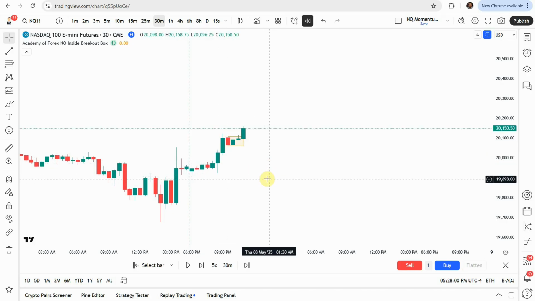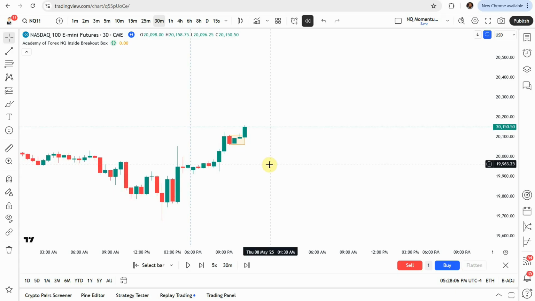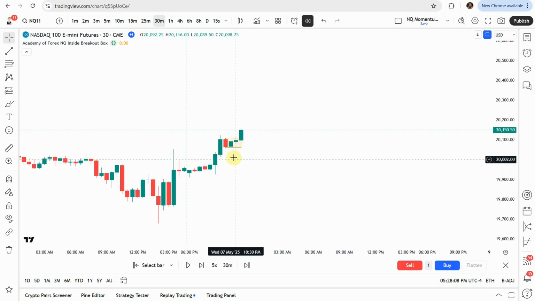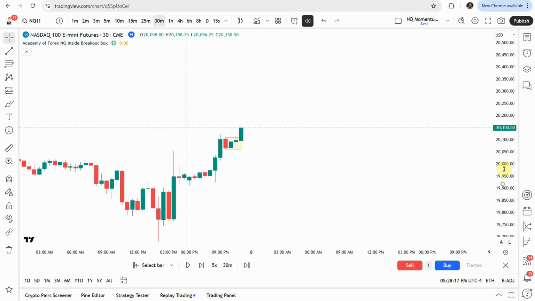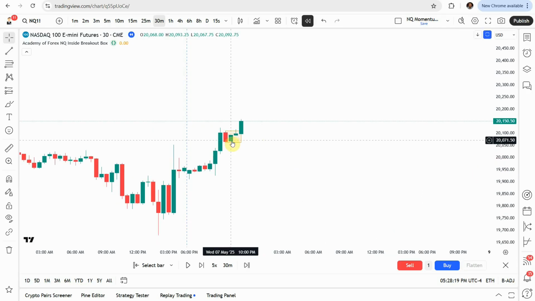You would set an alert and get a notification that says there is a potential breakout box detected. It's not until the box actually appears that it would be confirmed. When you get the alert, the box will not be formed yet. It will not show on price action.